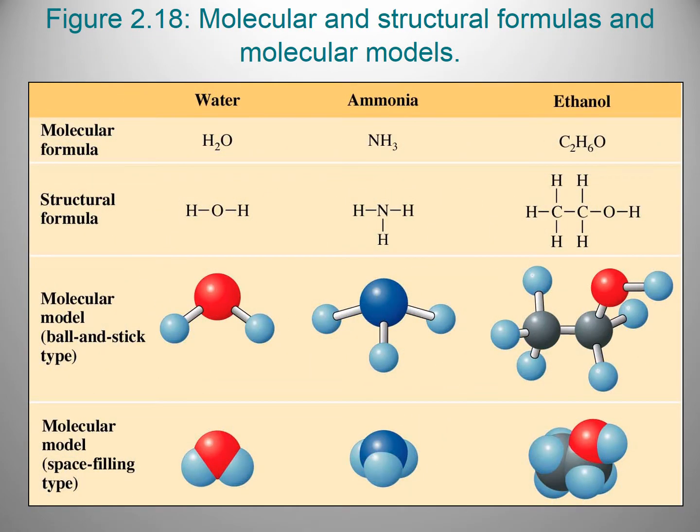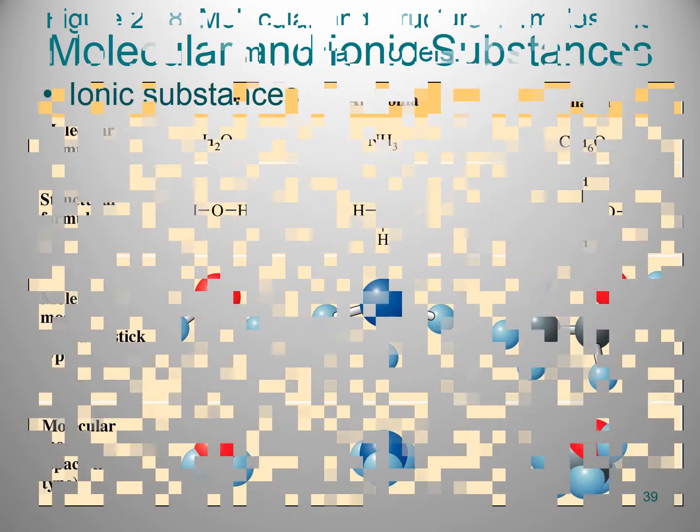You can see the molecular formula just shows the ratios of the different elements, and then the structural formula shows how they're bonded together. And then we also have a molecular model, which again, by the end of the first semester, we'll be playing around with some ball and stick models. And then the molecular model, space filling, tells you even a little bit more about the structure of the molecule.